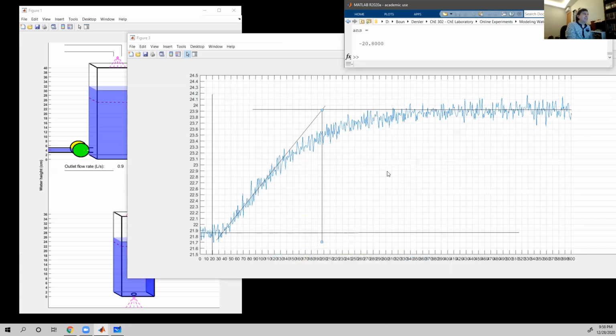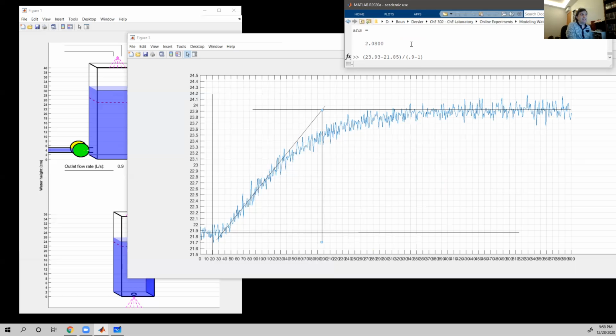Now, note that we have some suspicion about the linearity of this process. If this process is linear, then from any operating point, any steady state value, when you give a delta U value of minus 0.1 liters per second, we should expect a change in delta H equal to 2.08 centimeters.